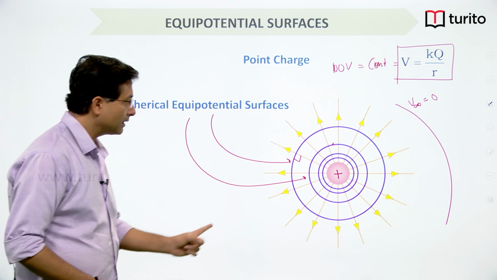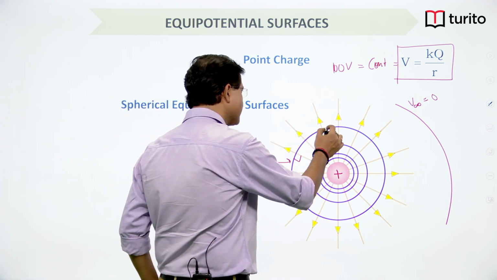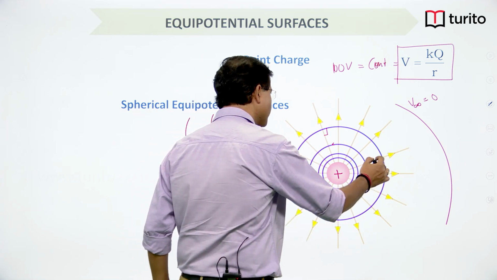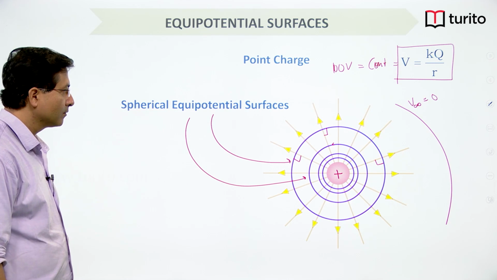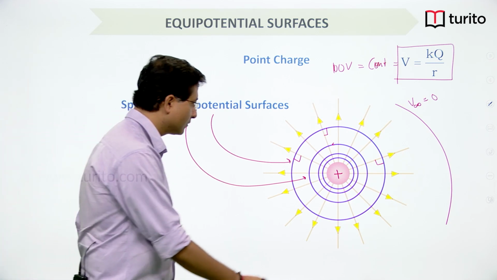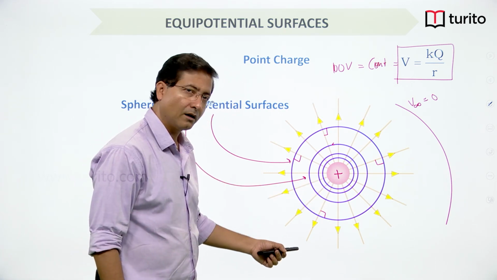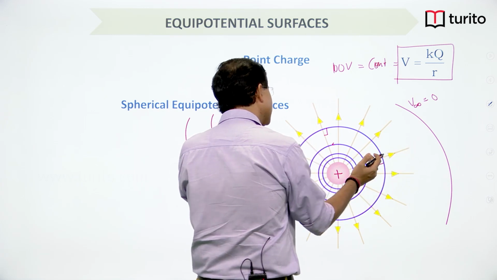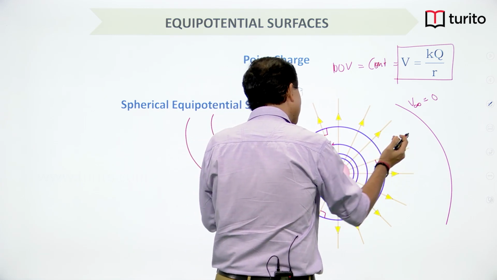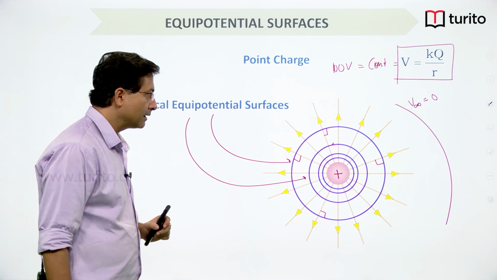Field lines at every point make 90 degrees with the equipotential surface. If we have a positive charge, then field lines will be outward, and as you go away from the charge, the equipotential surface potential keeps reducing, right.